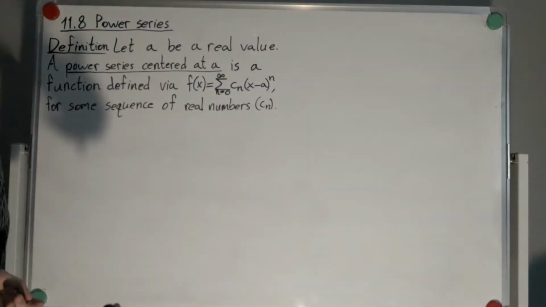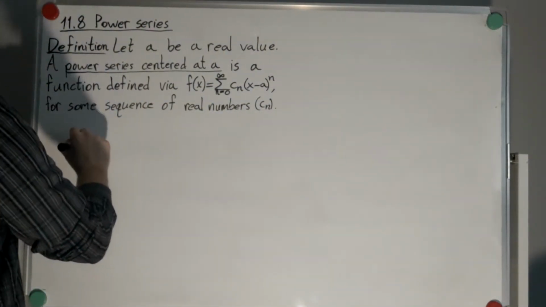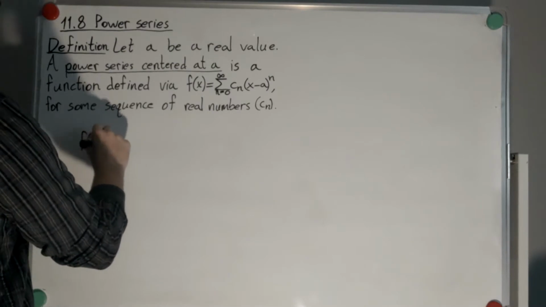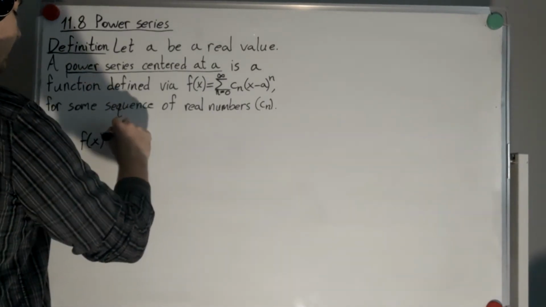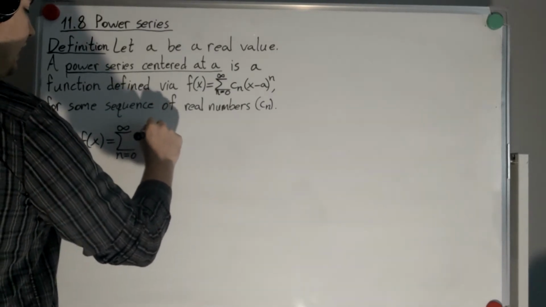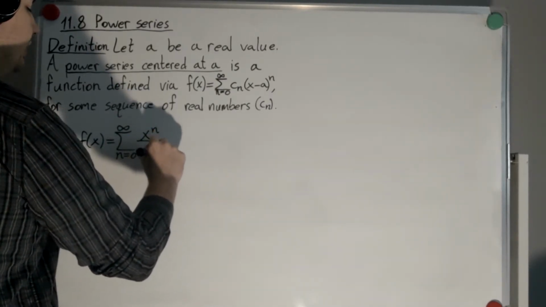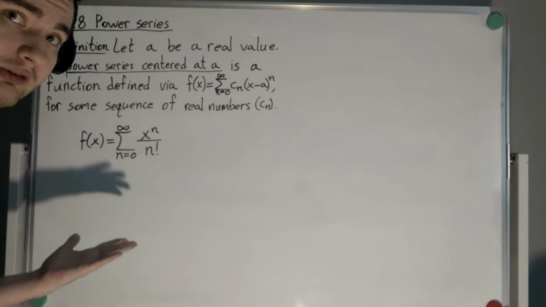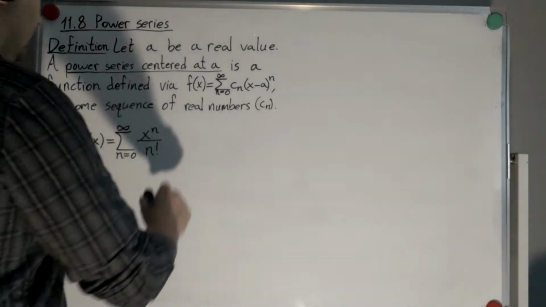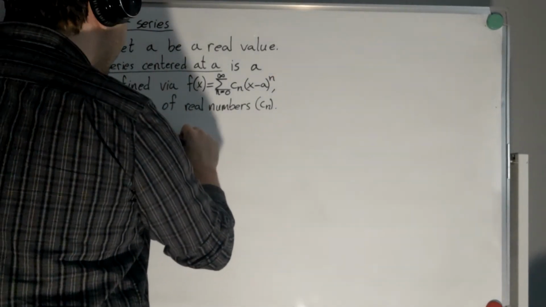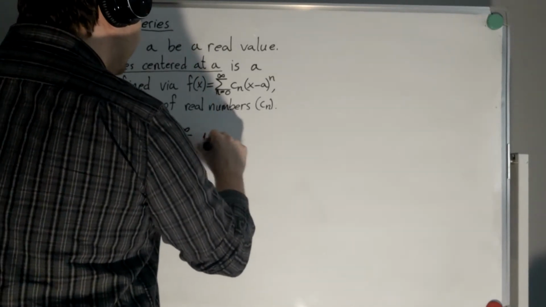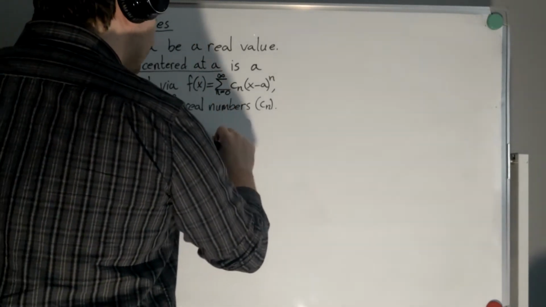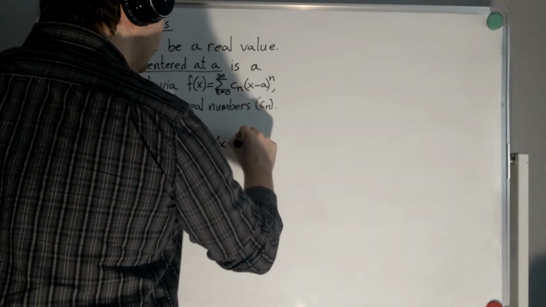So let's just look at what one of these might look like. For example, you could have something that looks like f of x equals the sum from n equals 0 to infinity of x to the n divided by n factorial. This is an example of a power series, because in this case we have the sum from n equals 0 to infinity of 1 over n factorial times (x minus 0) raised to the n.